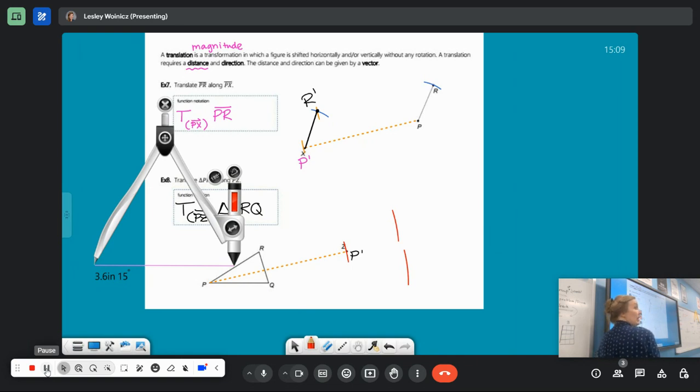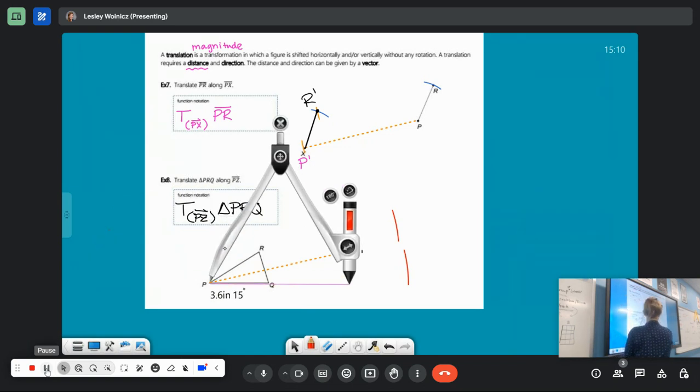So we don't know where on those arcs R prime and Q prime will be. The only other measurement we have to be able to locate them is how far the pre-image R and pre-image Q are away from point P. So those distances are what we have to copy.